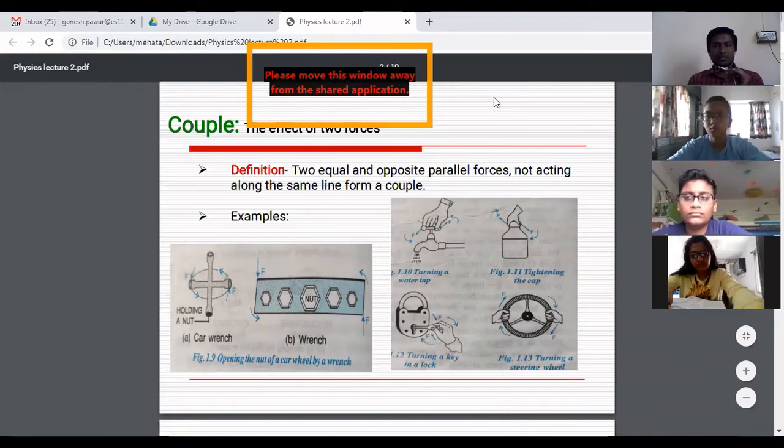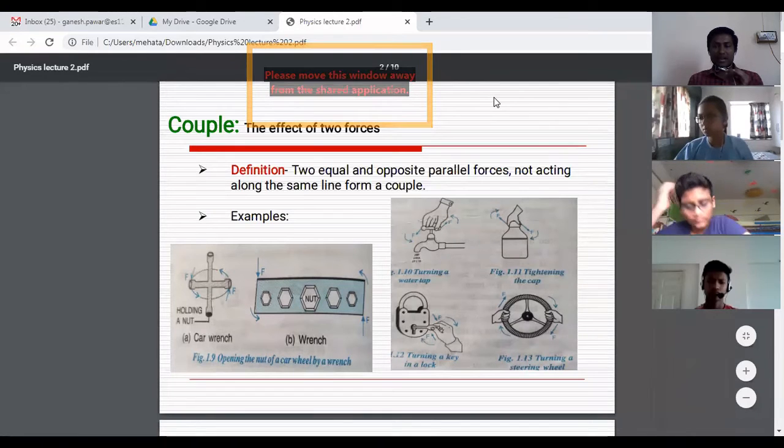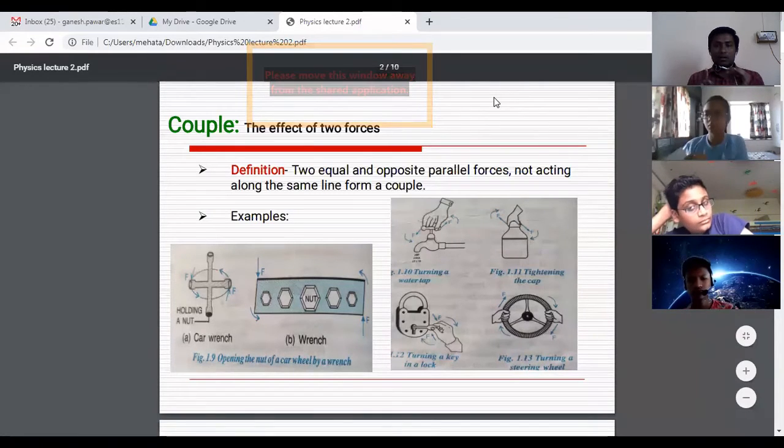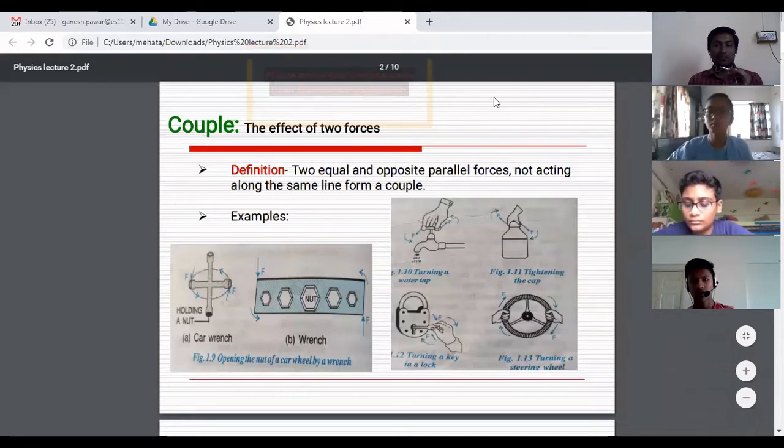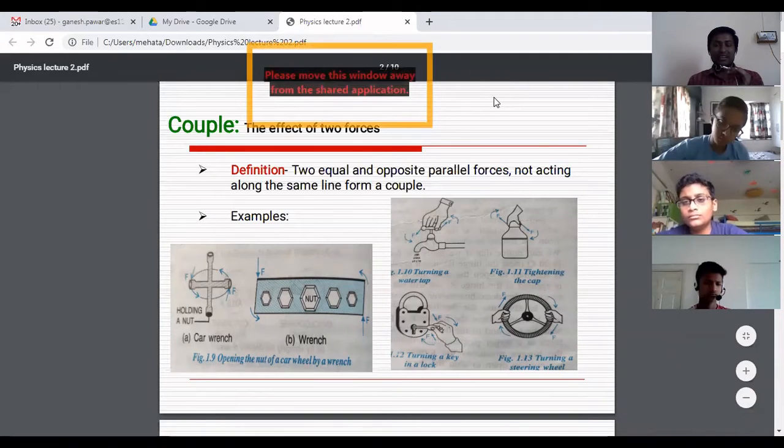Now, the second difference between moment of force and moment of couple is that the moment of force depends upon the position of the axis of rotation. But when you calculate the moment of couple, it does not depend upon the axis of rotation.